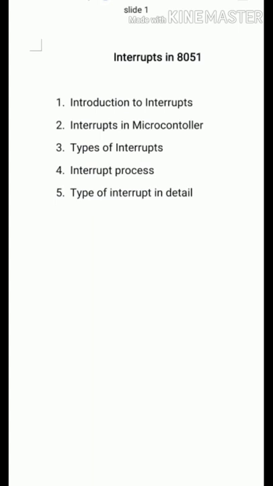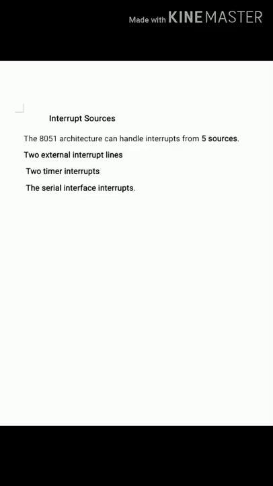Now let's get into the types of interrupts that are there in 8051. Basically there are 5 interrupt sources in 8051. There are 5 ways the interrupts can be raised. There are 2 external interrupts, 2 timer interrupts, and 1 serial interface interrupt.